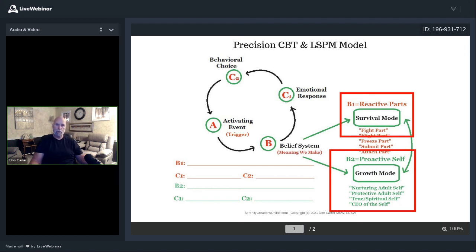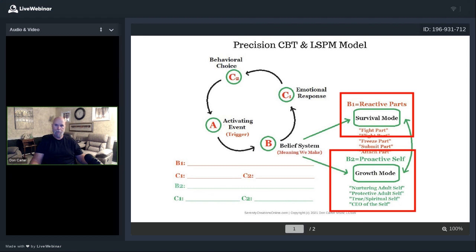So in my growth mode, I have to decide to go to my self-soothing center and activate my nurturing adult self and have it talk to those parts, or my protective adult self and have it stand up for those parts, or maybe my true spiritual self and bring God's healing to the picture, or just my CEO of the self and do a little CBT, play with some possibilities.